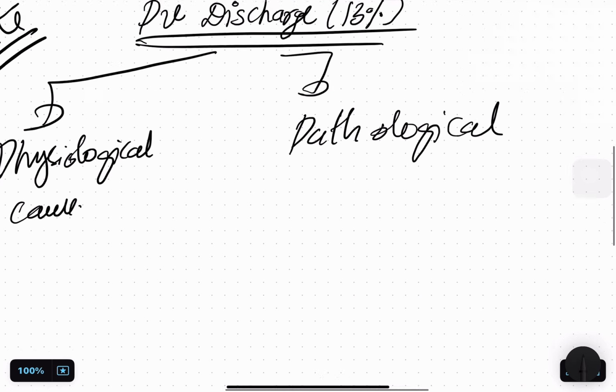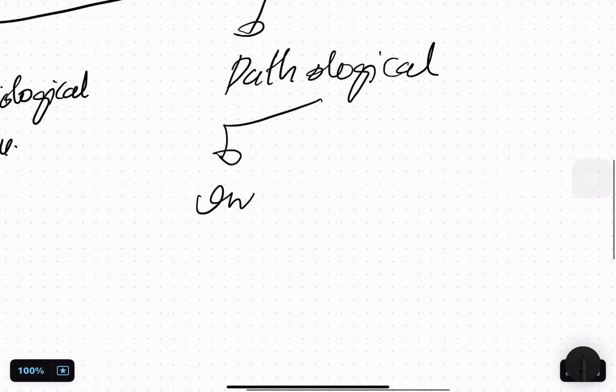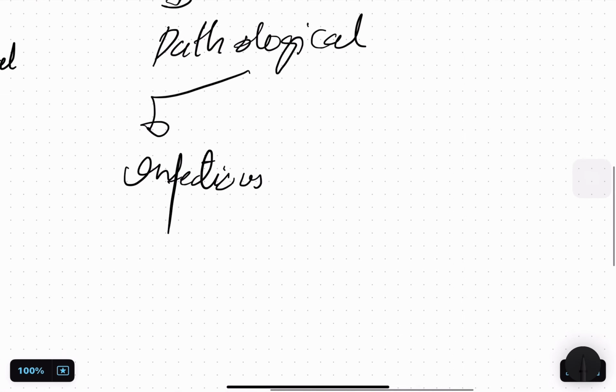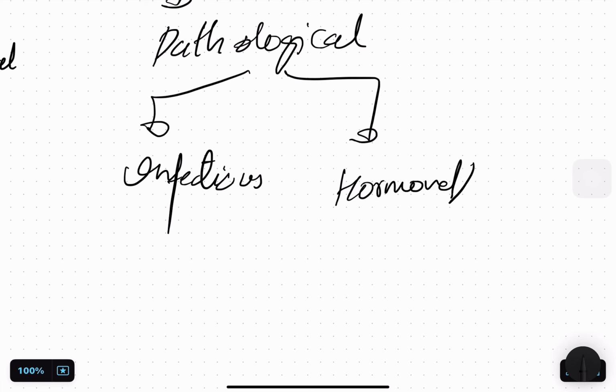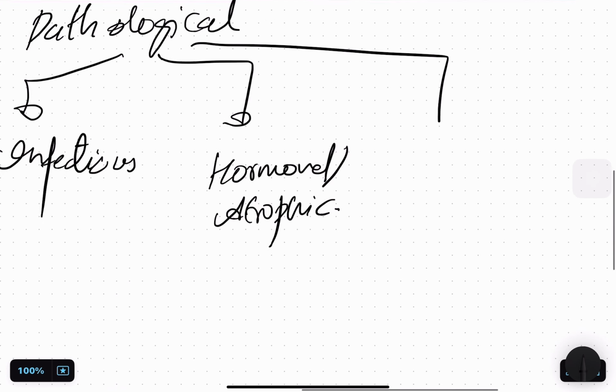In pathological cause, you might have infectious cause, which is most common. Then you will have hormonal cause, any imbalance in hormone or any atrophic causes, and something to do with malignancy.